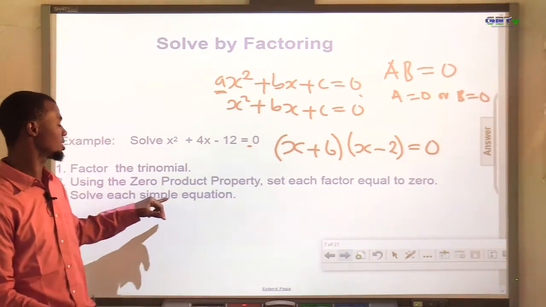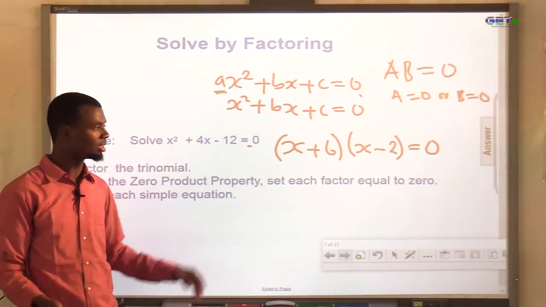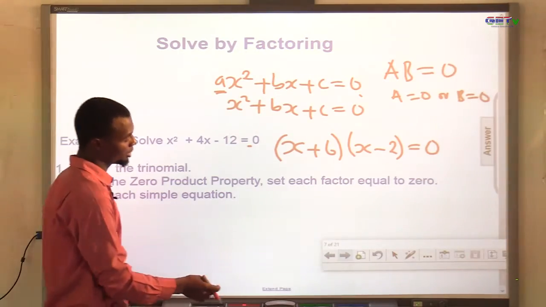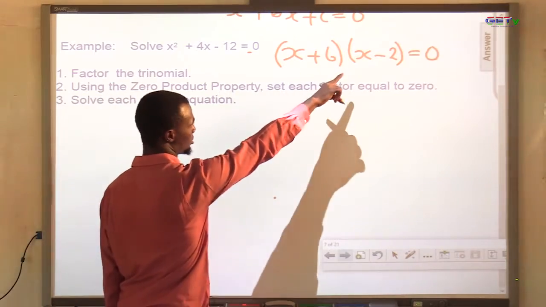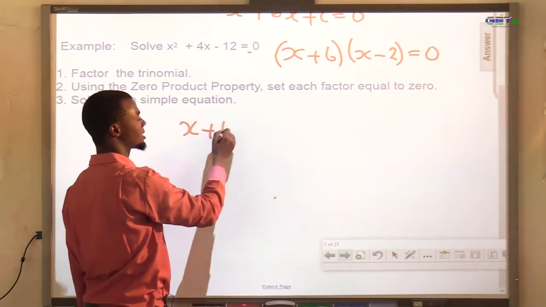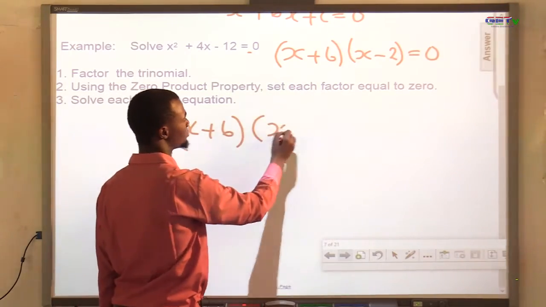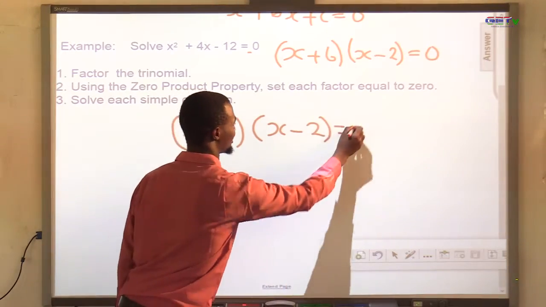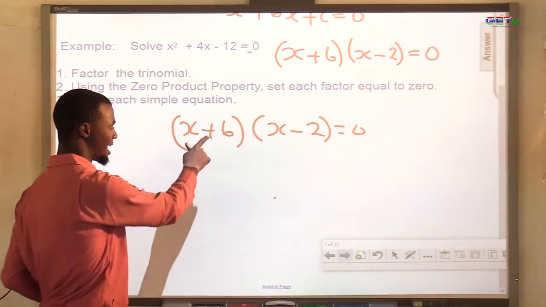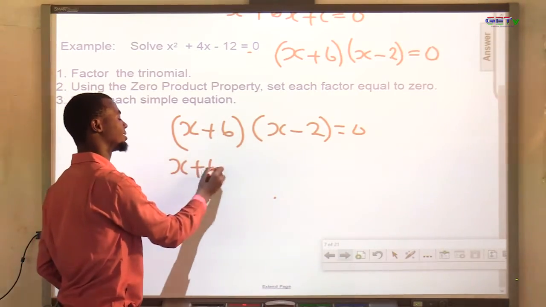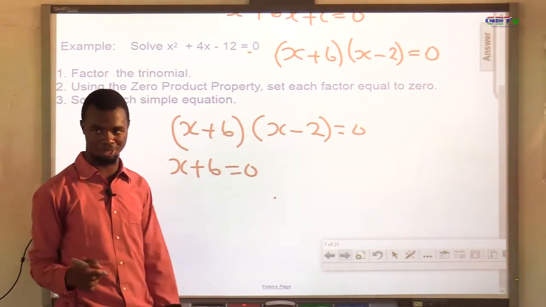Then solve each simple equation. How do we solve each of these simple equations? You have two expressions, x plus 6 and x minus 2, equal to 0. Where are these simple equations from? x plus 6 is equal to 0 is a simple equation.